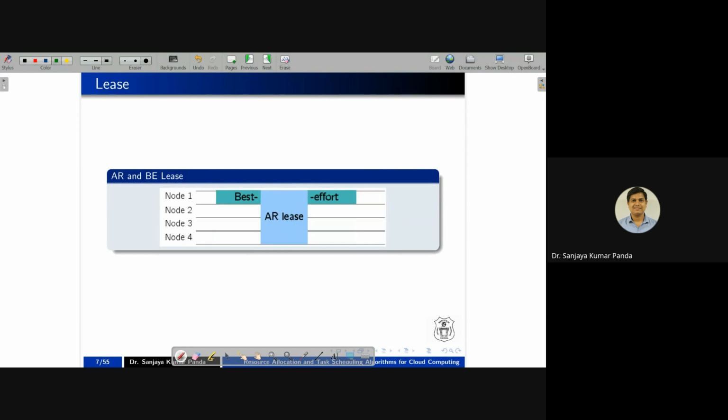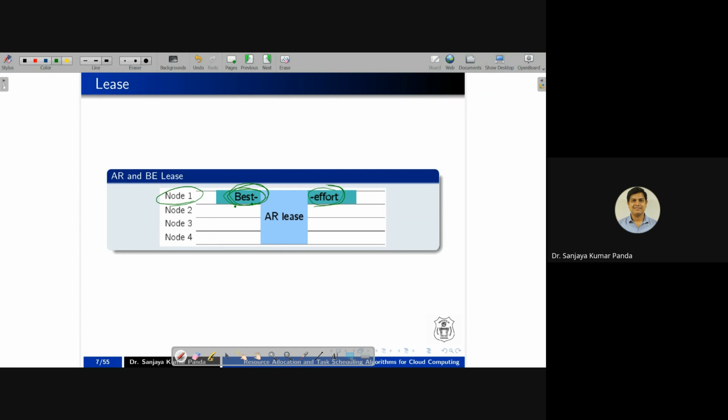Another thing you can notice here is that the best effort lease has been preempted from node number 1, right? Which node was it preempted from? Node number 1. So it has to resume on node number 1 only. It should not be given to any other node. There is a justification for this. For example, whatever files you have collected, if you are preempting a particular lease, temporary files are generated or the partial result is with node 1.